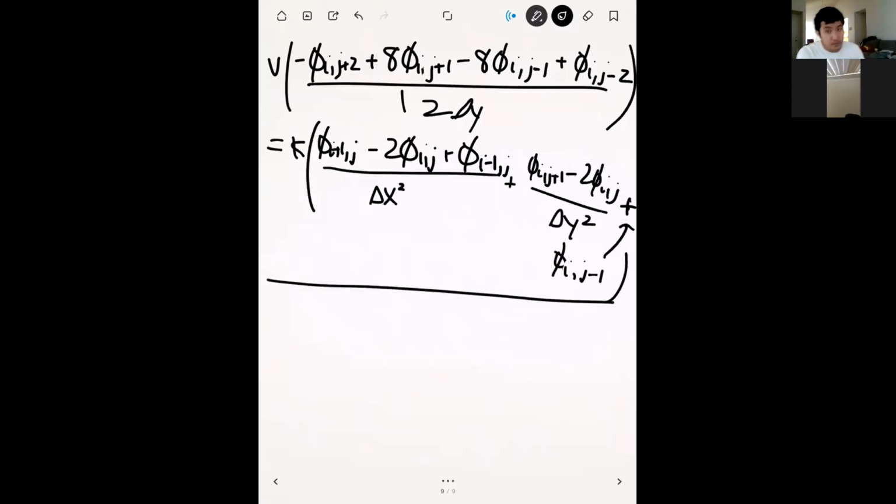That's what we get when we plug in all of our finite difference terms. Usually what we like to do at this point is simplify.